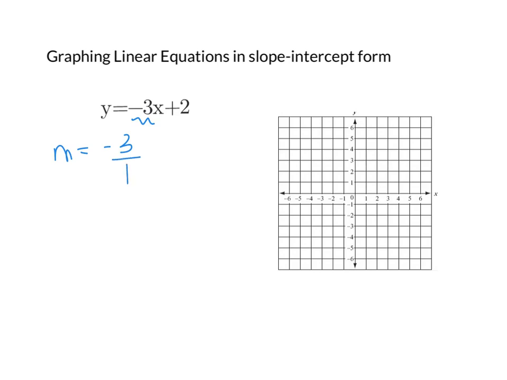So it's negative 3 over 1. I know I'm going to go down 3 because it's negative, so my rise is now negative, and I always go over 1 to the right. My y-intercept is positive 2, so I'm going to have a point at positive 2.